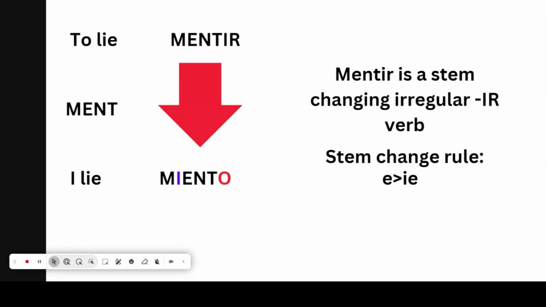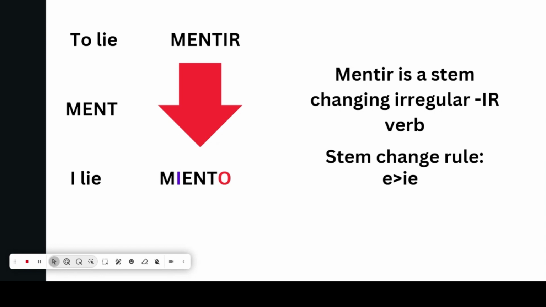And so because we change it, it becomes from ment to miento, and you can see that I highlighted it because we had to make the additional stem change. That's the only additional thing you have to do. And so that is for the irregular present tense verbs.